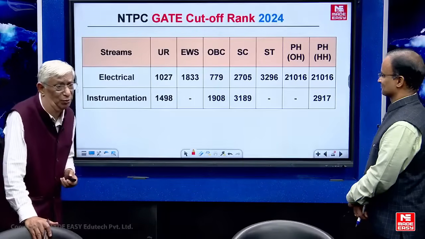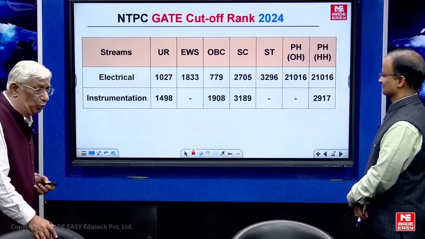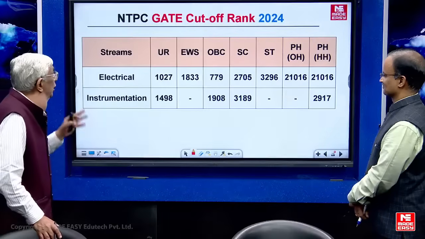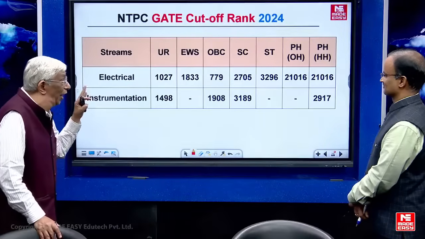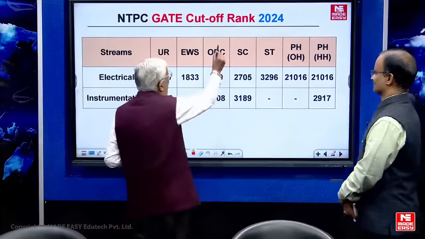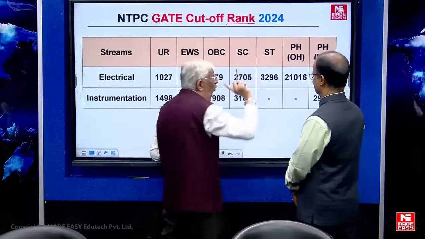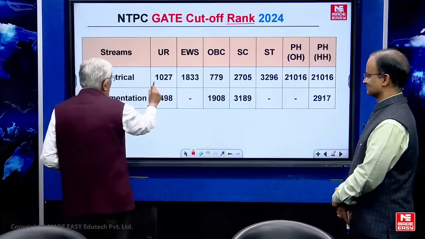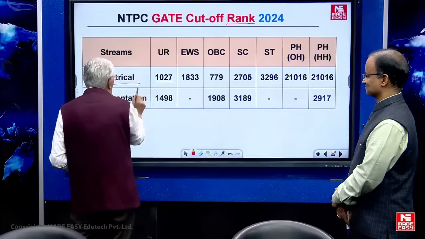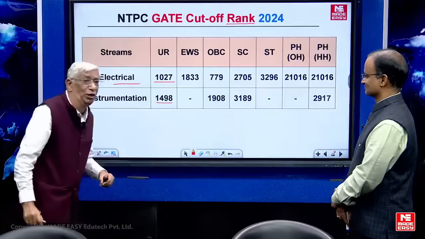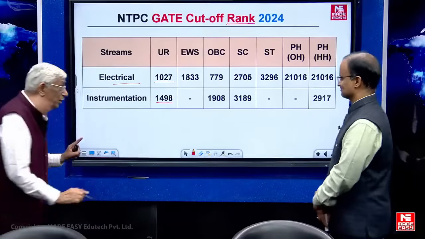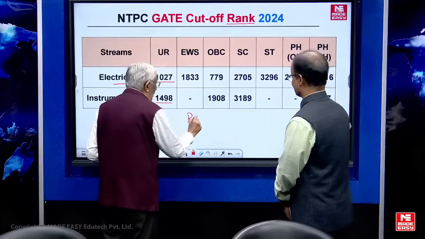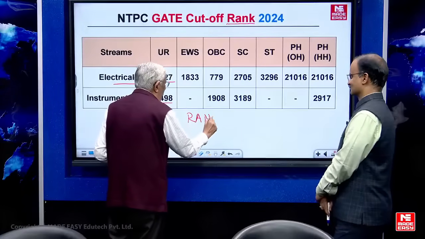Now we take a look at some of the PSUs who are recruiting based on GATE, and the cutoffs. NTPC cutoff rank. Notice that it is rank, not marks or score. 1027 for electrical, 1498 for instrumentation. Again, I repeat, it is rank. Let me write it down loud and clear so that there is no mistake.